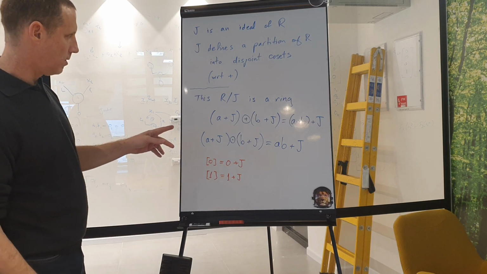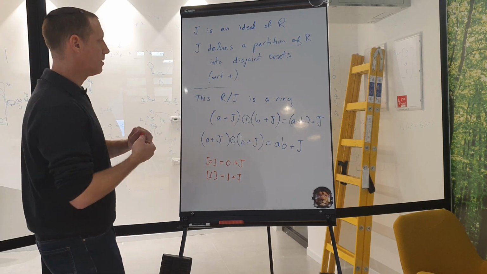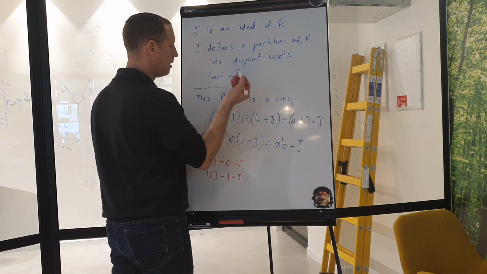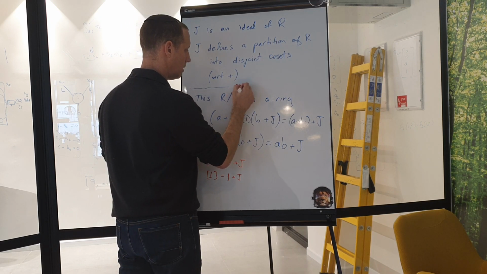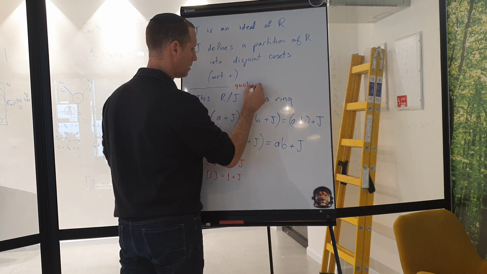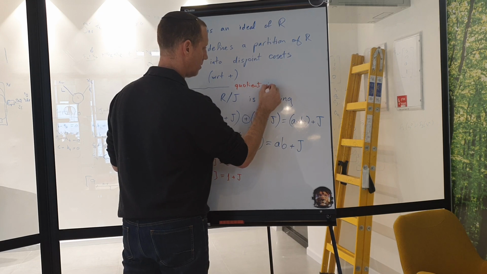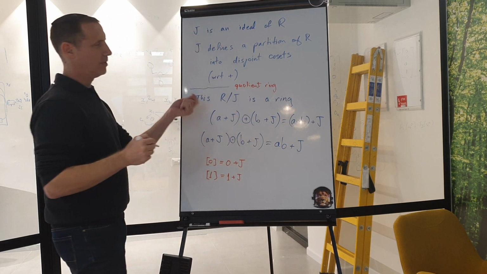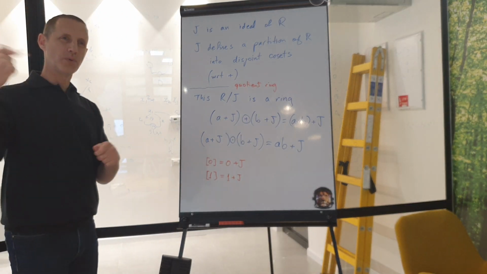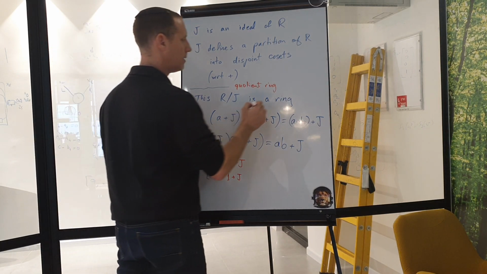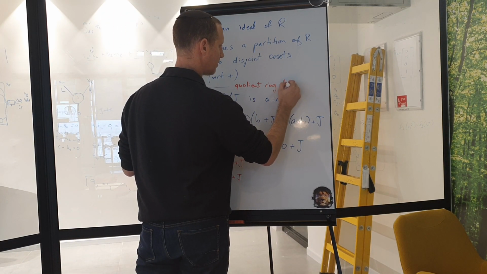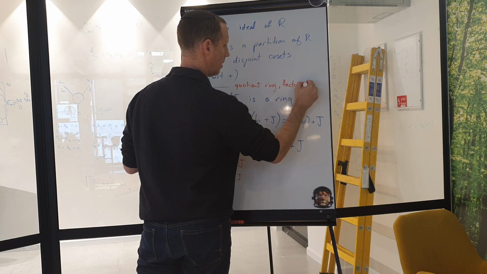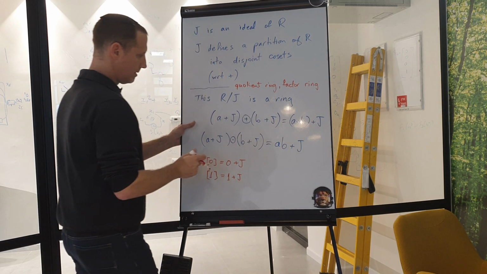All right, so by the way, this thing has a few names. I like the name quotient ring, because we have quotient group, now we call it quotient ring, but there are other names that you should know. There's also factor ring. They're all interchangeable.